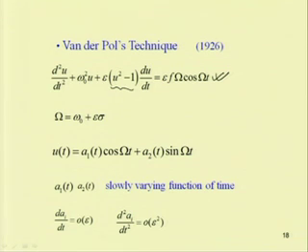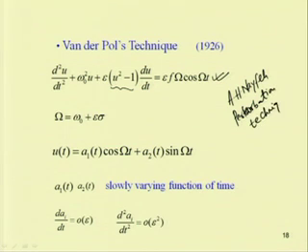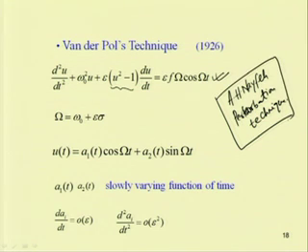This equation was originally solved in 1926 by Van der Pol using the following technique. This method is adapted from the book Perturbation Technique by A. H. Nayfeh.